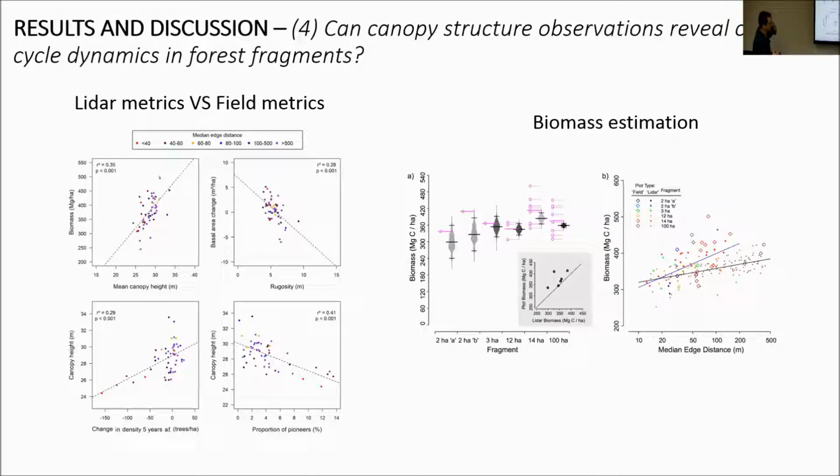And what's interesting here is that there's no effect because of the biomass recovery. We saw that, the biomass recovery after the years. The biomass is the same. But you could see the effect of the edge, and this effect we could only resolve with the LIDAR data. There's no effect when you use the field data because the sample is bigger.